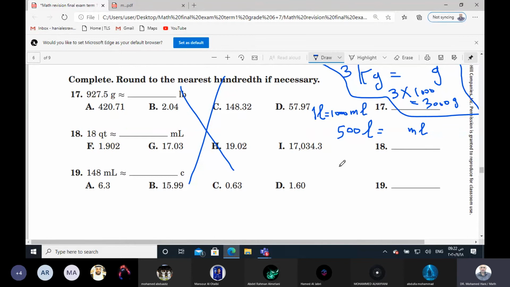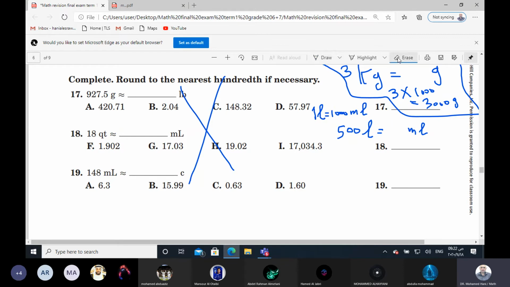And remember, when you want to convert from a big unit to a small unit, do multiply. And when you want to convert from a small unit to a big unit, do divide. Here, from a big unit to a small unit, so we can do multiply.